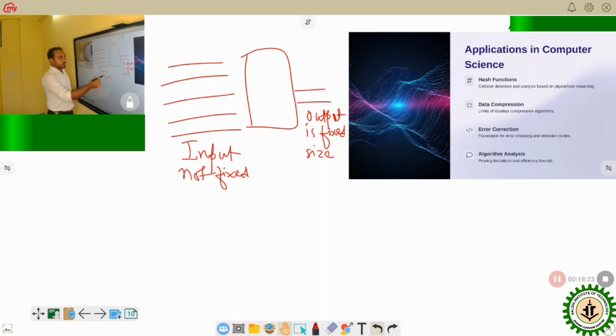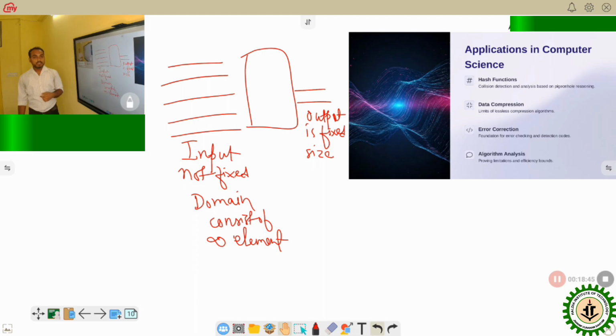So if we collect all these inputs as the elements of a domain, the domain may consist of infinite elements. But if we choose the output to be the codomain, then that codomain will have a fixed, finite number of elements.